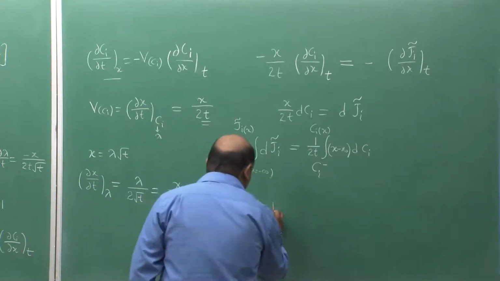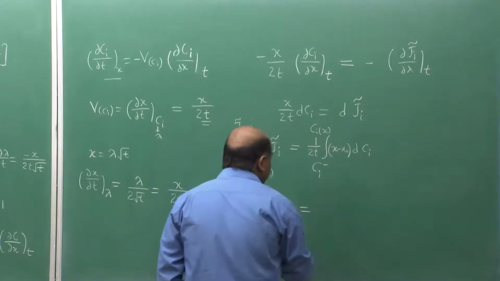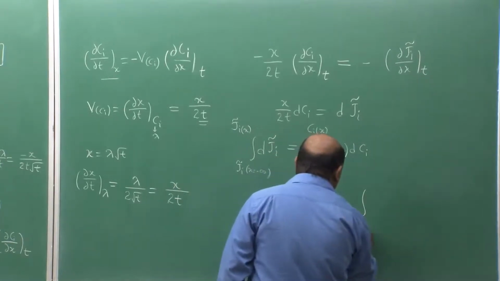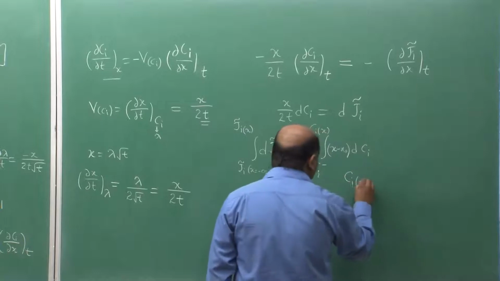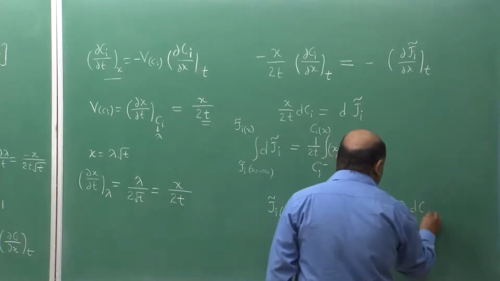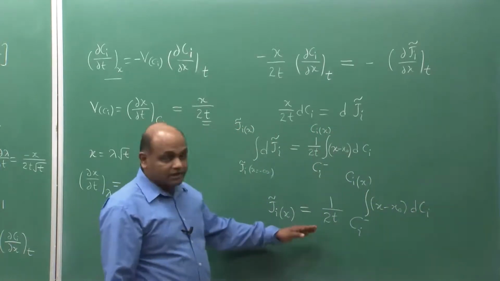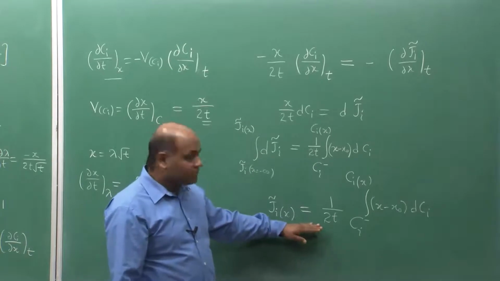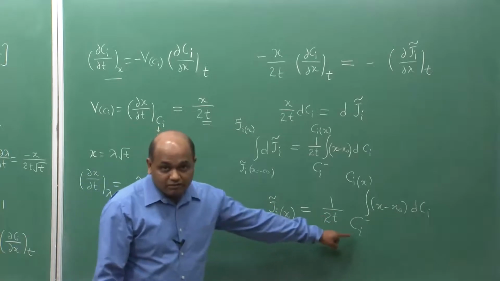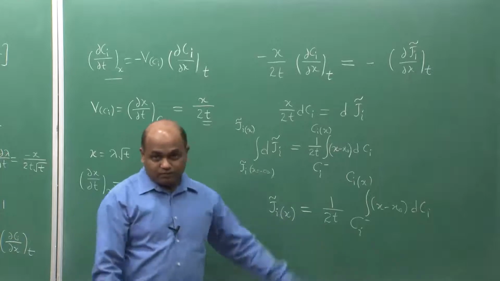So, we straight away get J̃i at x equal to 1 over 2t times the integral from Ci minus to Ci at x of (x minus x naught) dCi, and this is how we can get the formula for interdiffusion flux. So, we can obtain interdiffusion flux directly from the experimental concentration profile. I will illustrate how.